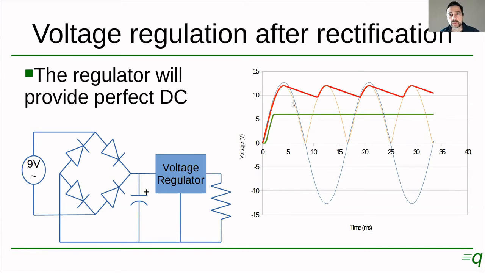Here we have the same traces we studied last class, an AC voltage varying from 0 to a peak of about 12.5, and then going down to negative 12.5 and repeating every cycle. After the full wave rectifier, we flip the negative half cycles of the AC and make them positive, right? So the output of the rectifier is this orange trace that goes up and back to 0, up and back to 0, and so on.